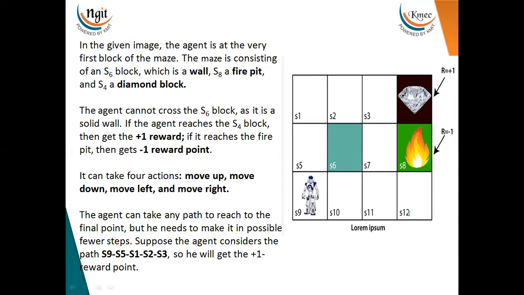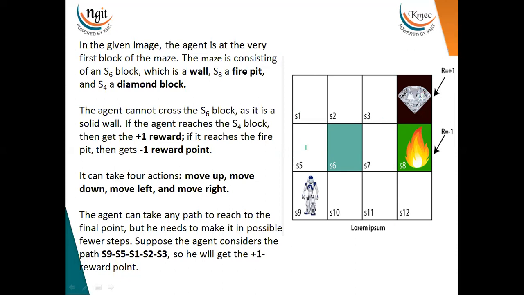In this maze, you can see 12 blocks, from S1 to S12. S1, S2, S3 are plain blocks. S4 has a diamond, meaning whenever the robot moves to S4, it has achieved its goal and will get a reward of +1.